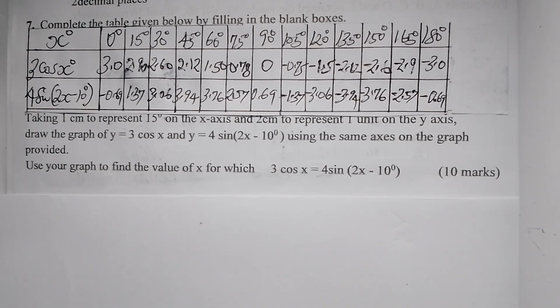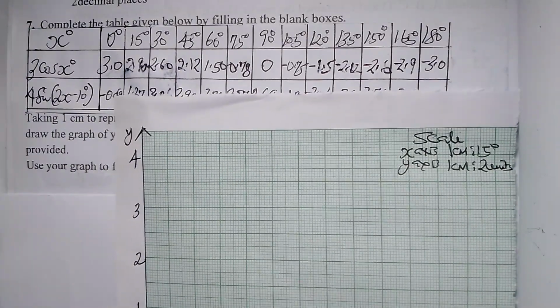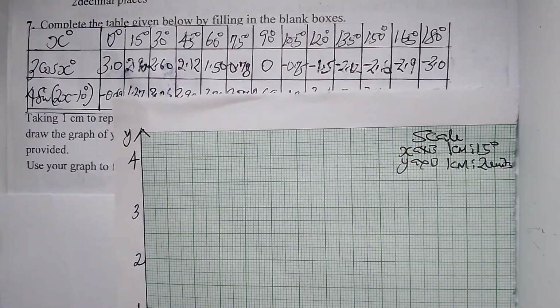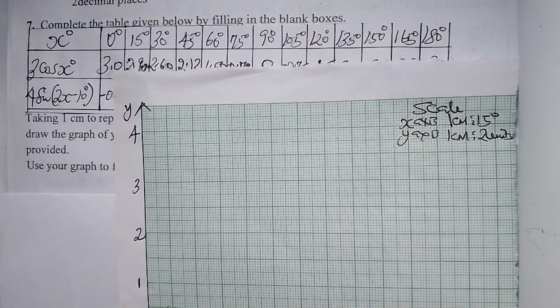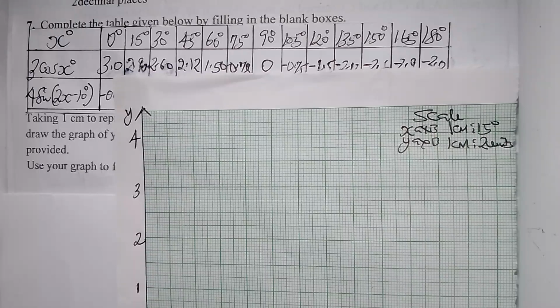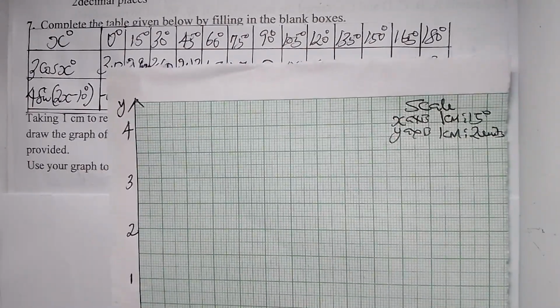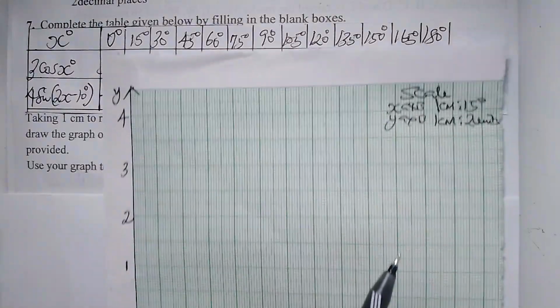and we can start with the function 3 cos x. When x is 0, the value of 3 cos x is 3.